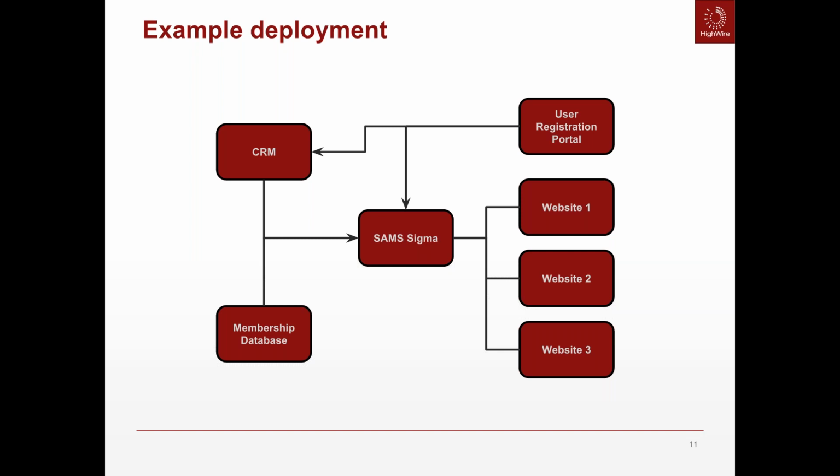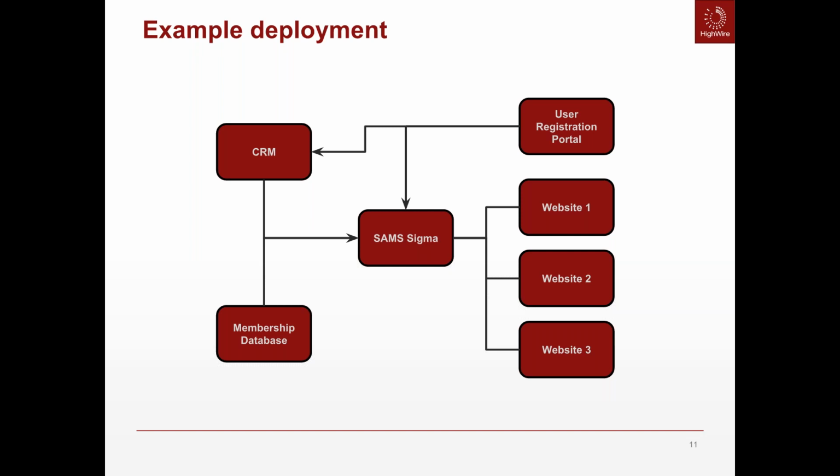I think from my perspective, I would highlight another client called RPS, Royal Pharmaceutical Society. There's a site called PJ Online, Pharmaceutical Journal Online, and they're using Sigma to control the authentication mechanism for identifying individuals on their website.